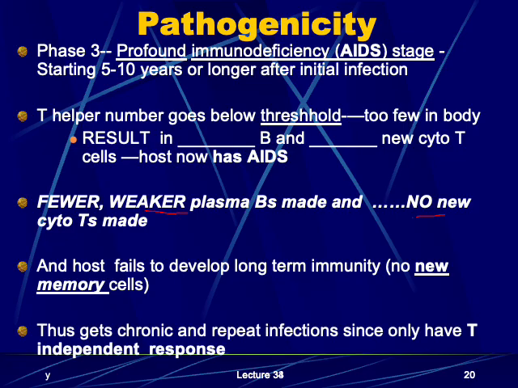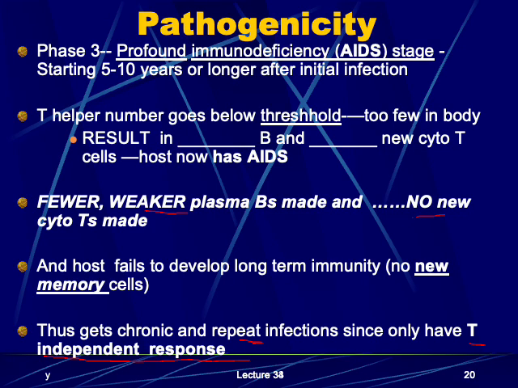So what's going to happen? Because there is basically a T-independent response now, because there's not enough T helpers to go around, a person will get repeat infections. Their body will fight something and overcome it, but next year they can get the same thing because they didn't get the memory cells.